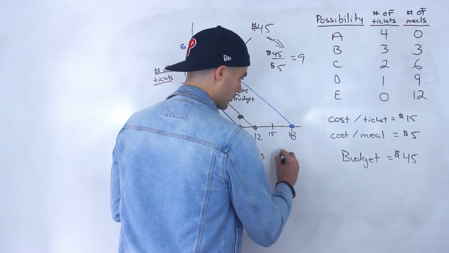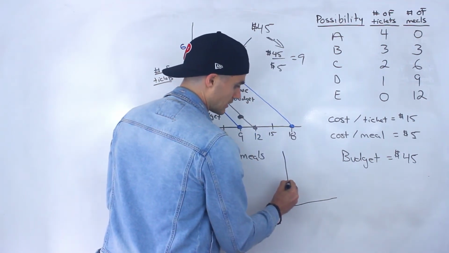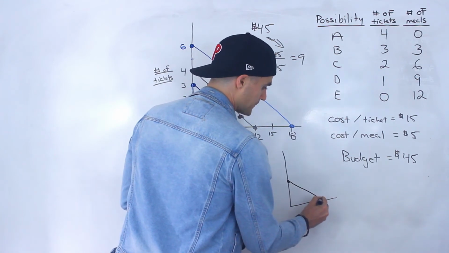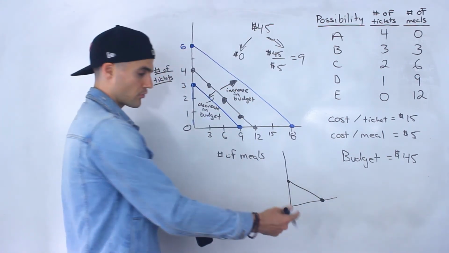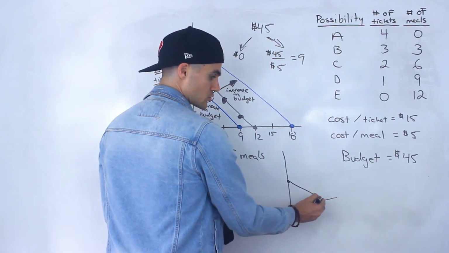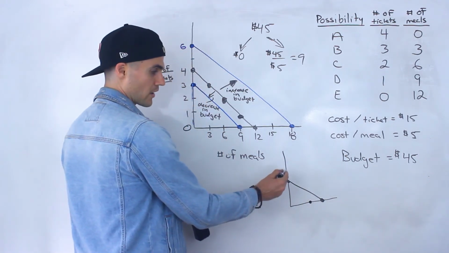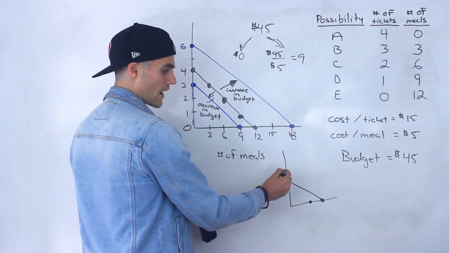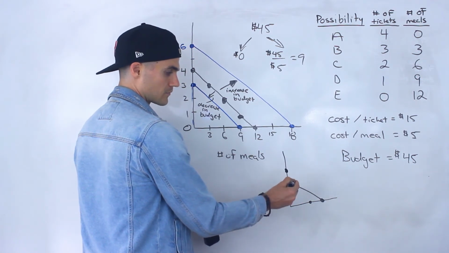So for example, let's say that we have an initial budget line here, like that, and let's say that we increase the price of product X, which would shift this point here, and then we decrease the price of product Y, which would shift this point up here.